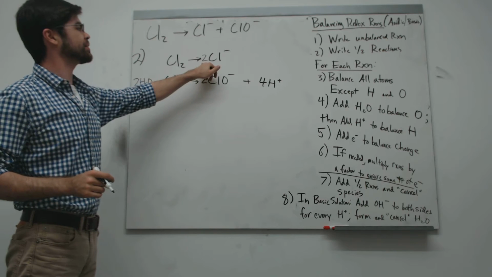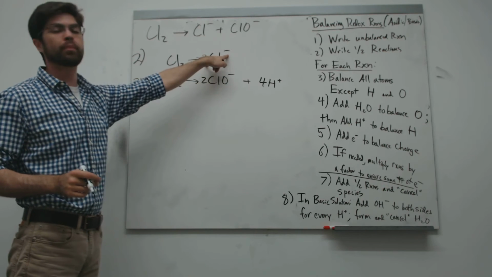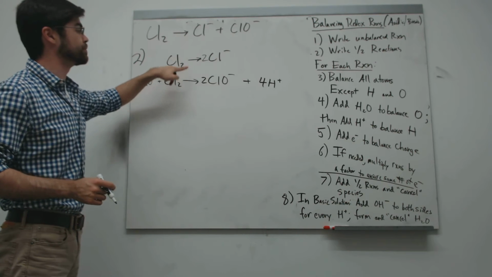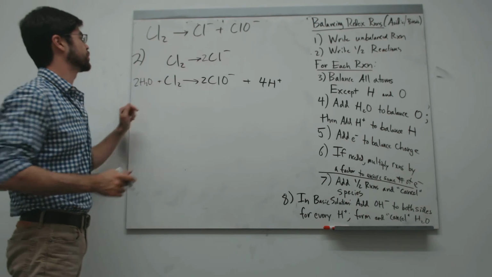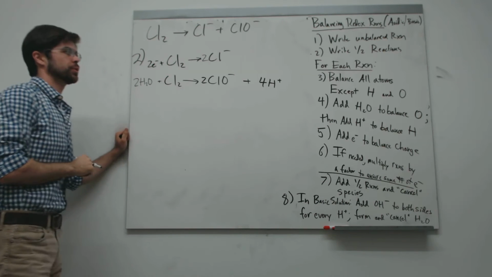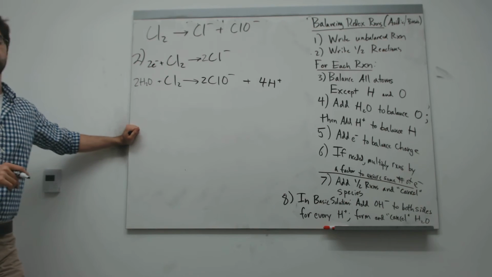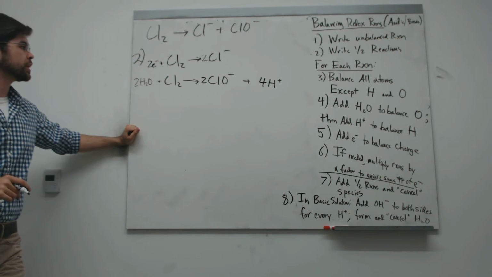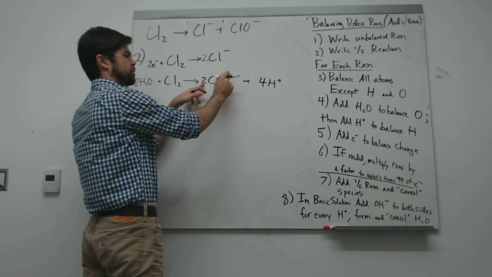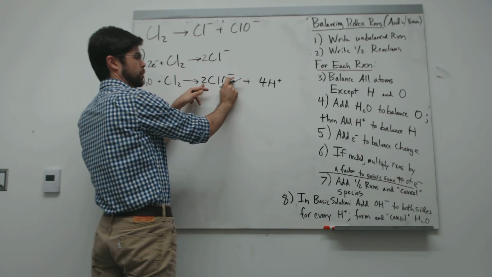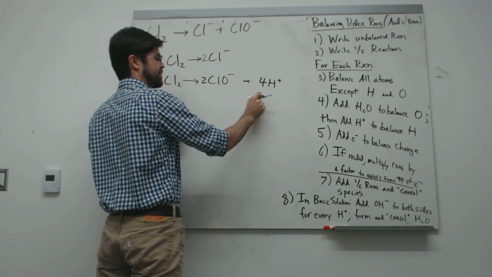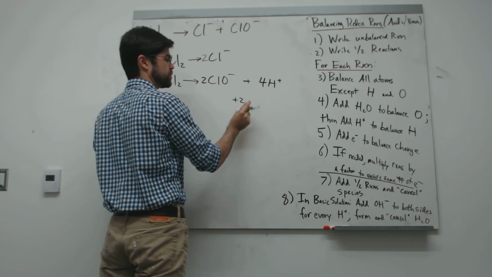So that's step 4. Step 5, add electrons to balance the charge. So over here I have a net charge of 2 minus, and a net charge of 0 over here. So I'm going to add 2 electrons in order to balance out the charge. Over here I have 2 negative charges from the hypochlorite and then 4 positive from the hydrogens, so I have a net charge here of +2.